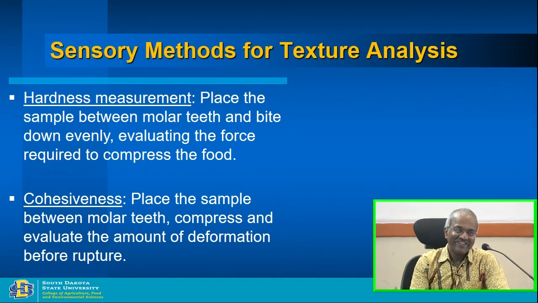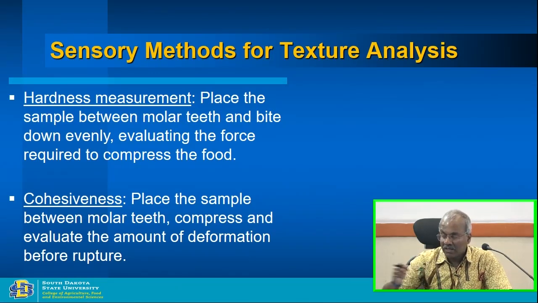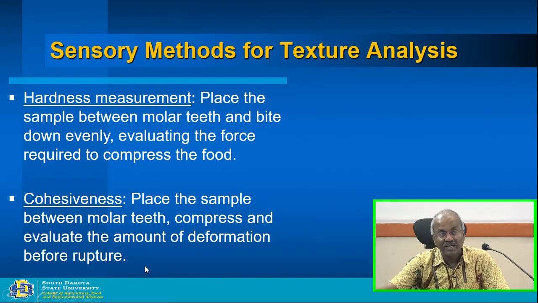Come on. You can do better than this. I mean, you tell me how tasty it is, I will tell you. Why do you want to do all these things? You have an instrument, do it and you get the number. Don't tell me these things, you know. So it's a hard thing, but if you really want quality data, you need to train your panelist.